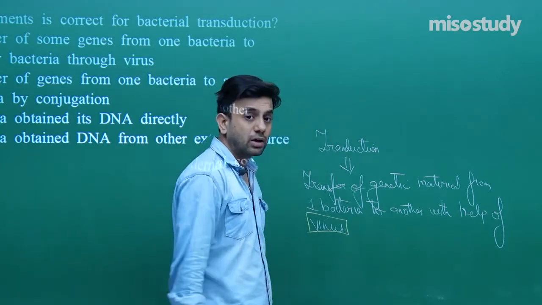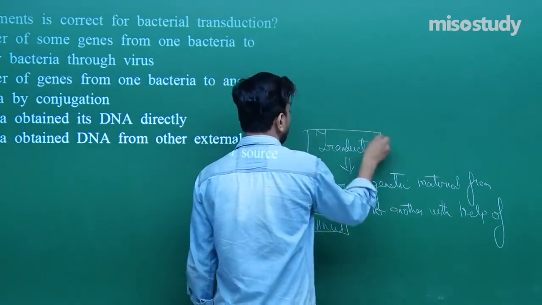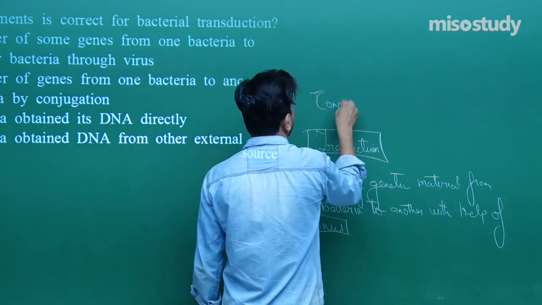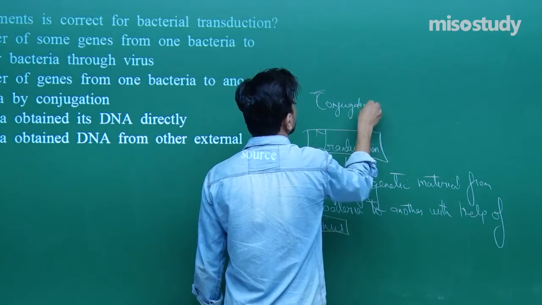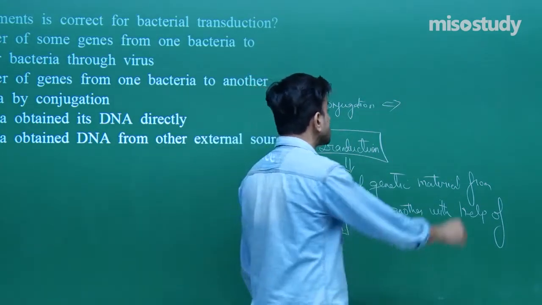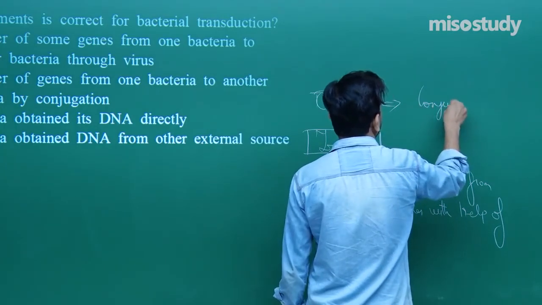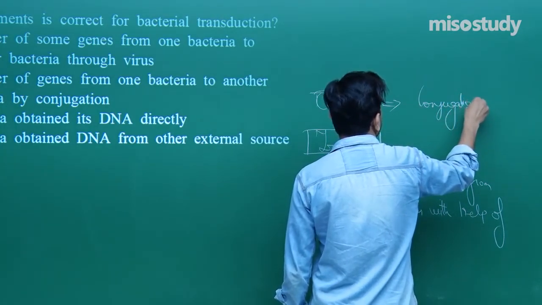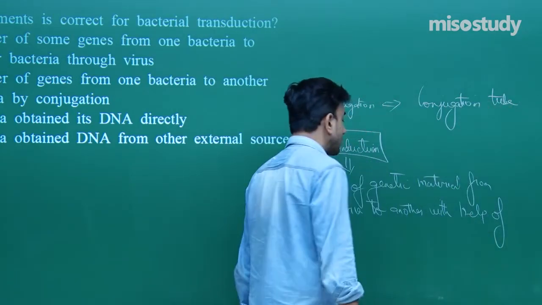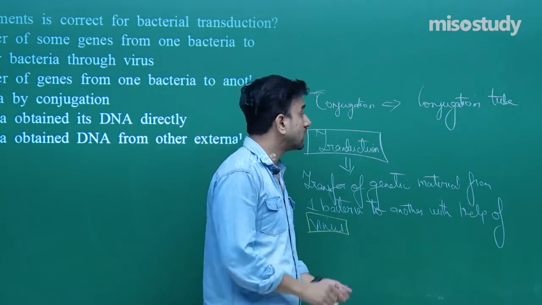However, what was there in the transduction? I also told you about conjugation. In conjugation, there was the formation of a conjugation tube, which was helping in the transfer of genetic material from one bacteria to the other.